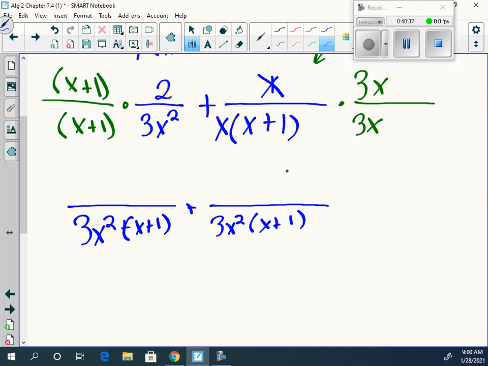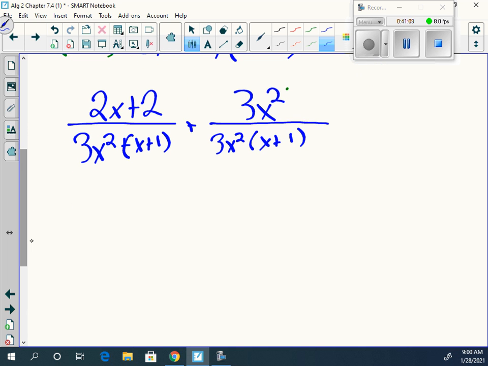Now, on top here, we can go on and multiply through. You don't have to rewrite it. 2 times x is plus. So if you went on and rewrote it as 2 times the sets of parentheses, that's fine. There's nothing wrong with that. But for this here, we can go on and multiply it out. It's not too bad. Just 3x times x, or x times 3x would be 3x squared, yes?